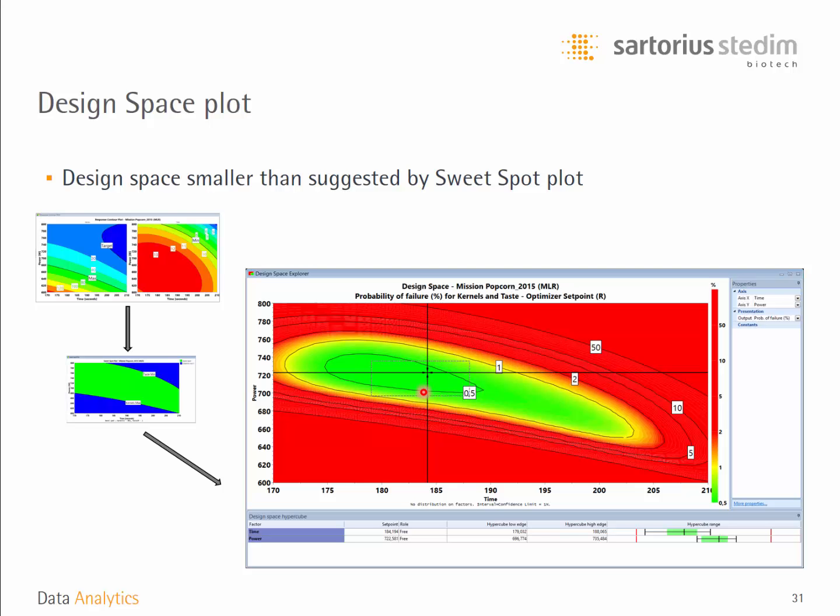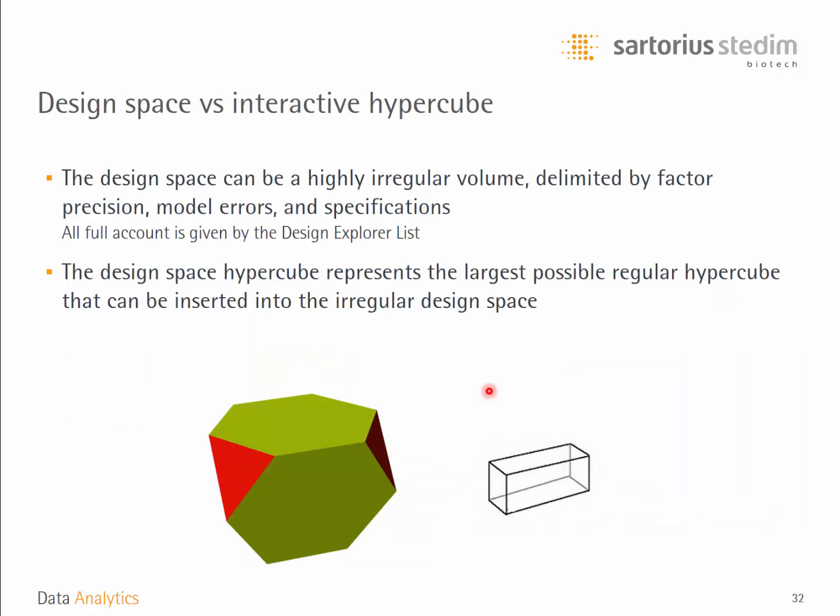The final point that we selected was 700 watts and 190 seconds, which is very close to the tip of the 0.1 probability of failure line. And we are still today, many years later, using this setting. I will come back to that in a slide or two.